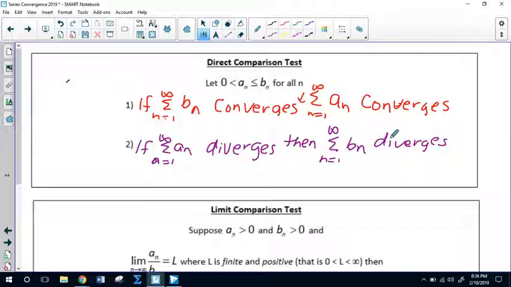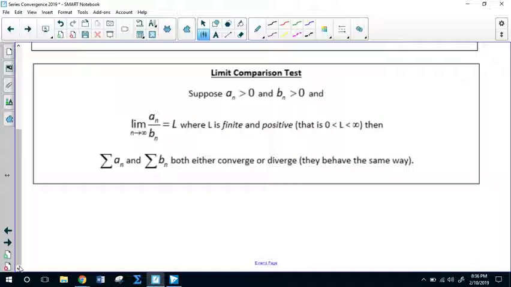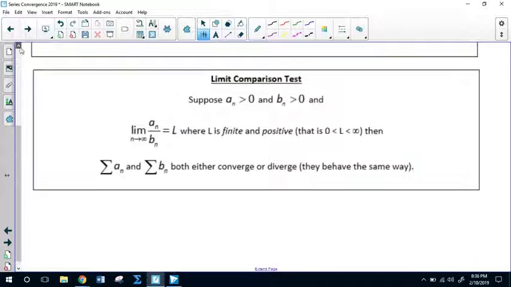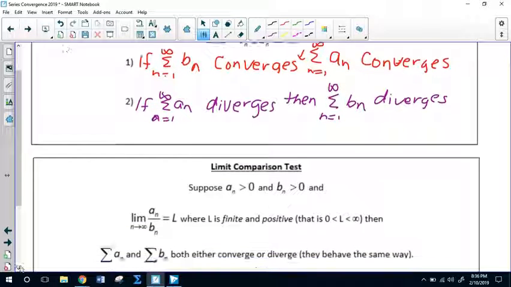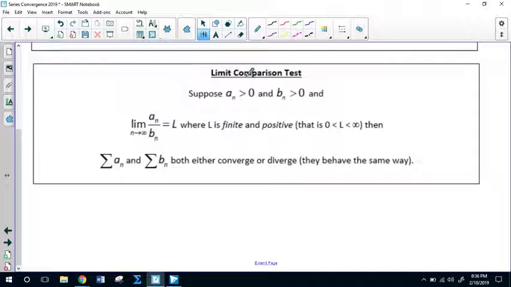And just like last chapter, we're going to be comparing it to things we know that converge or diverge. We'll be using things related to p-series, but we could also now use geometric series. If we know that a geometric series converges, we could compare something to it. If we know that a p-series converges, we can compare it in that manner.